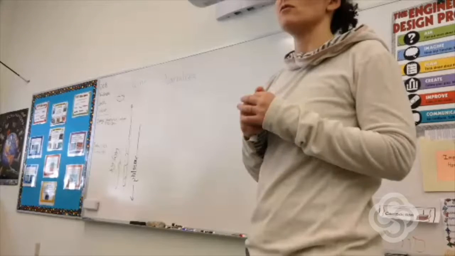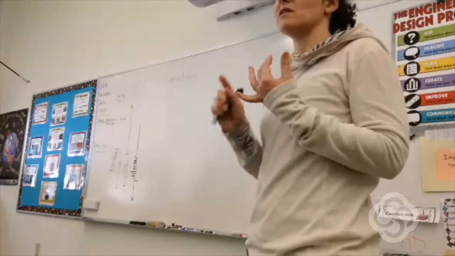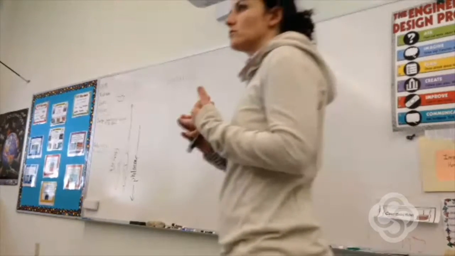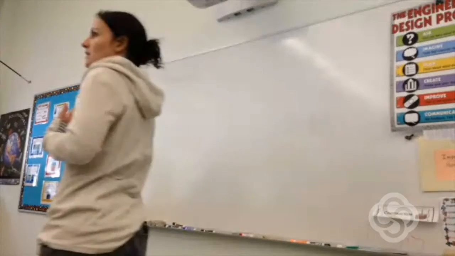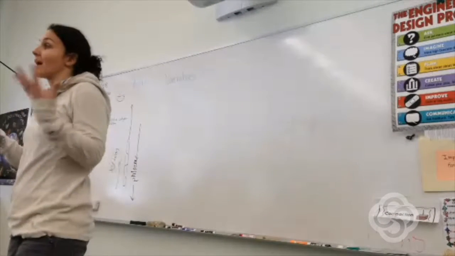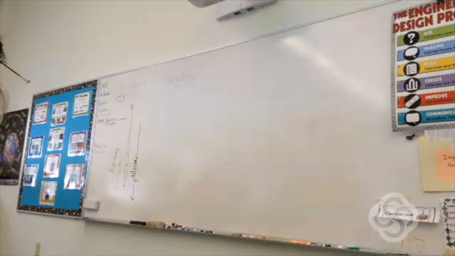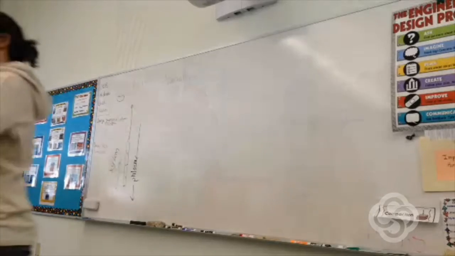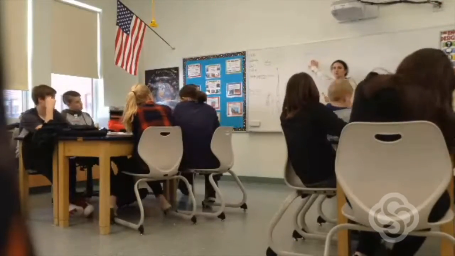But can you start to think of the types of variables? Who knows what a variable is in science? What would you say a variable is? It's something you change. It's a different thing. Yeah, okay, good. So this is something that you can change within your study.